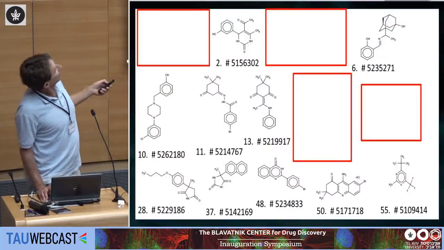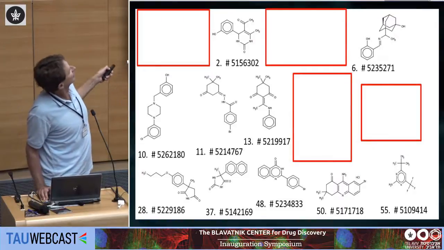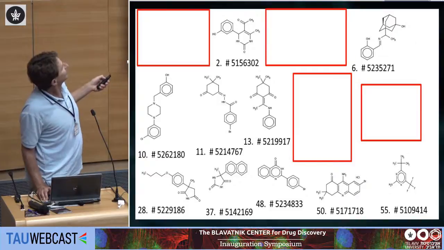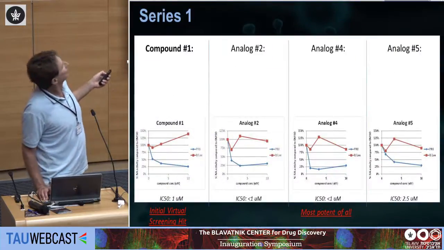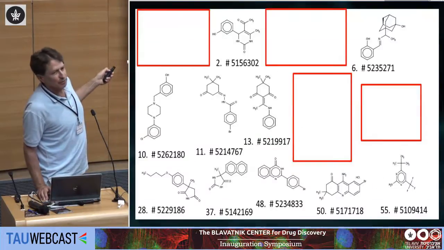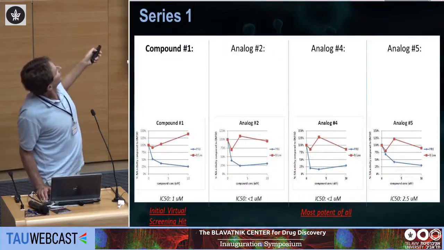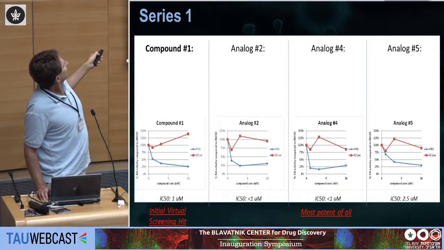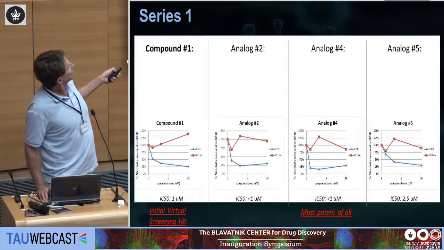So these are the 14 compounds that she used. The four that are good, I'm not allowed to show. And here are results of those. There are series, we mark them as series because we use SAR, so that would be series 1, 2, 3, and 4. So this is series 1. This is the original compound, and that's the readout of the activity as a function of concentration.